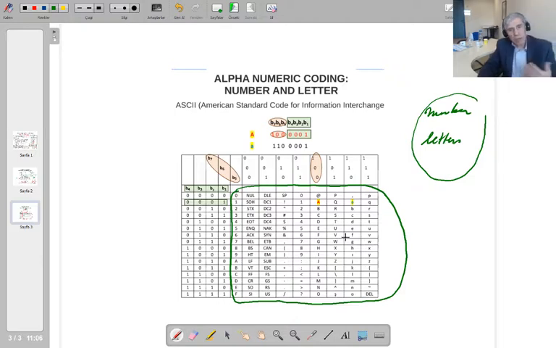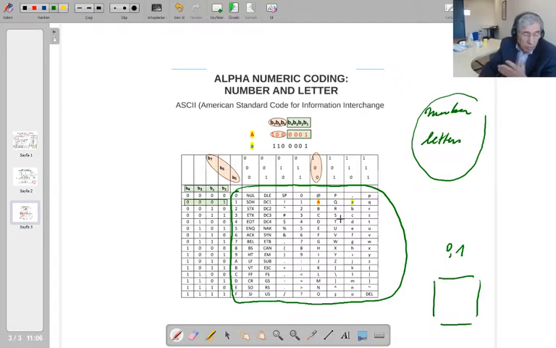We've got to be able to represent these symbols as 0s and 1s, because the digital system that we use accepts only these symbols, not the other symbols. If you send it another symbol, it doesn't accept that. Therefore, we've got to transfer all these symbols, not the numbers only, to 0s and 1s. So there are some standards for it.